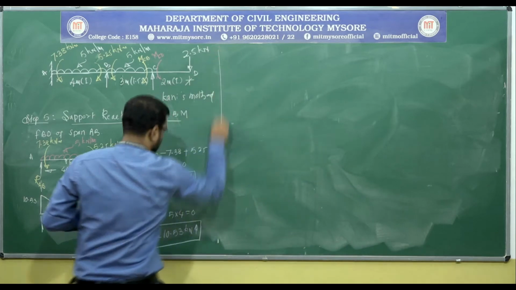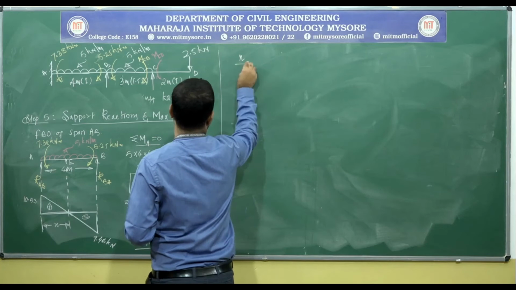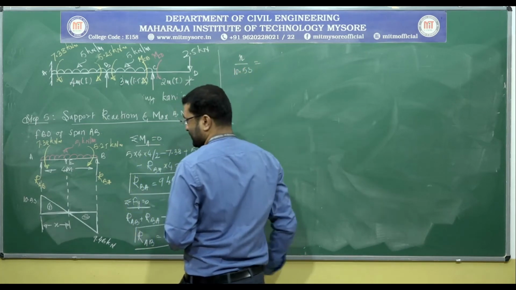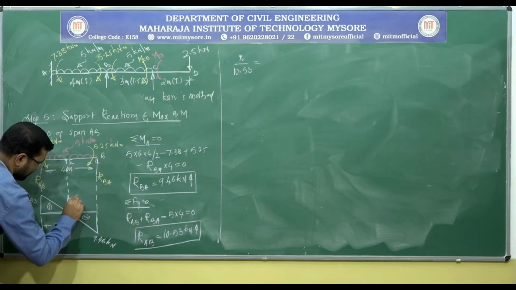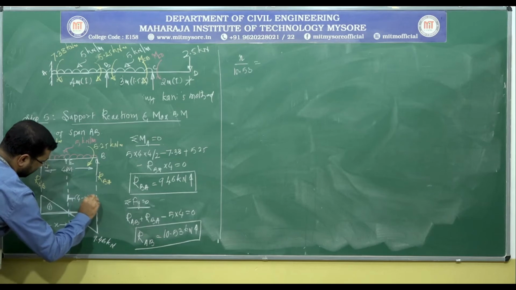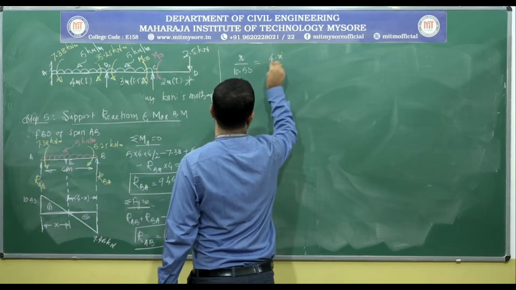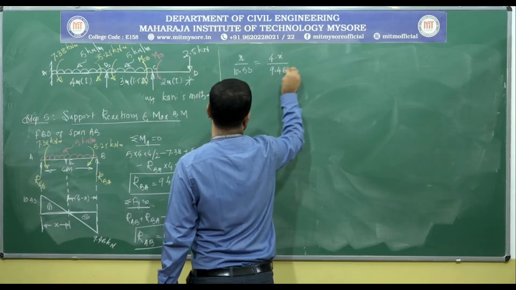Now if I apply the symmetric triangle concept here, then it will be x by 10.53. This ratio will be equal to, the total distance is 4, so this will be 4 minus x, divided by 9.46.